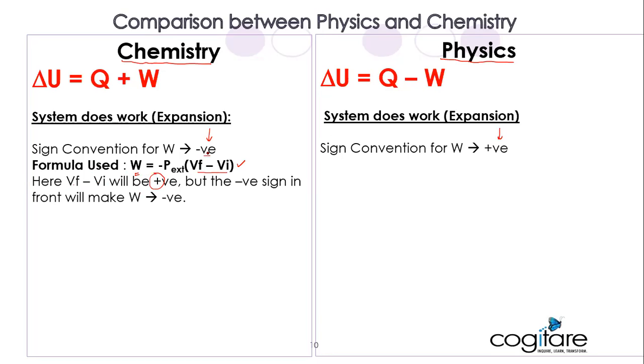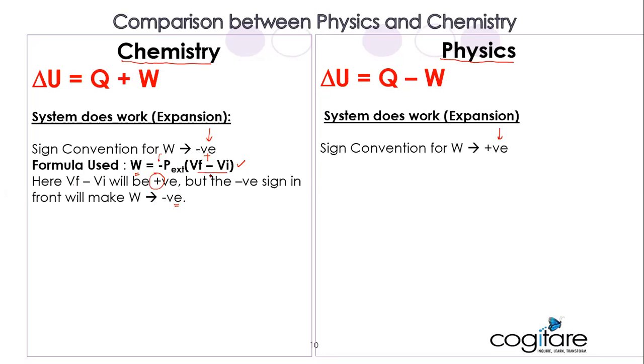So this entity is positive. Minus P external into positive will be negative. Then you put this minus sign here, that makes it positive. Therefore everything put together, work you will get as negative.